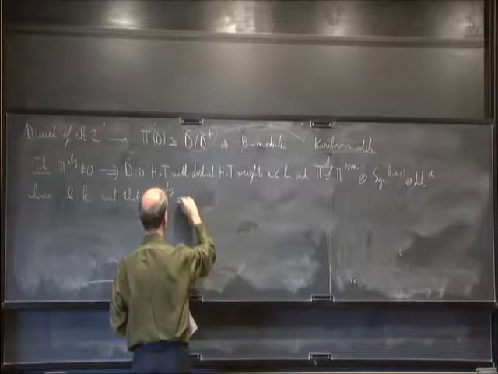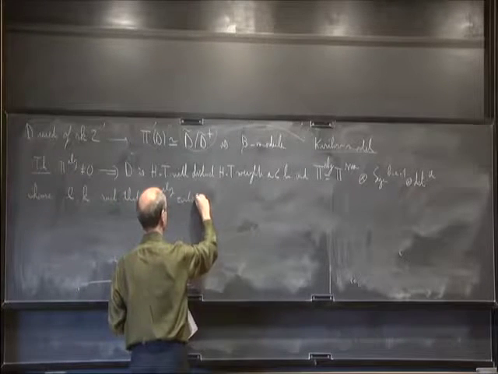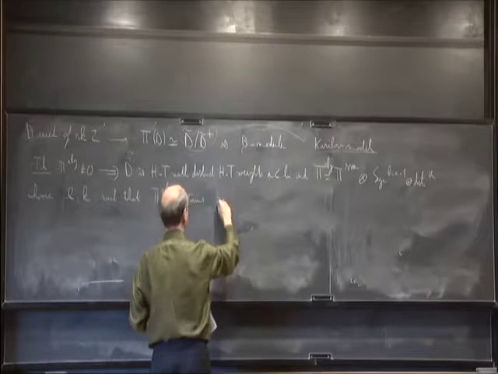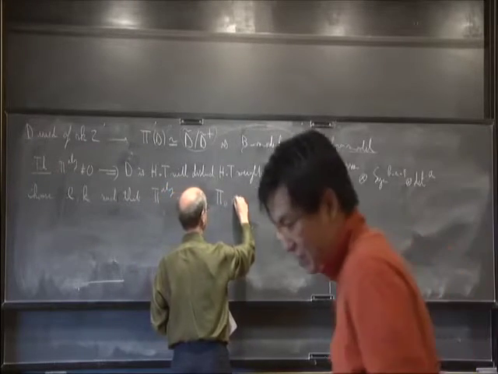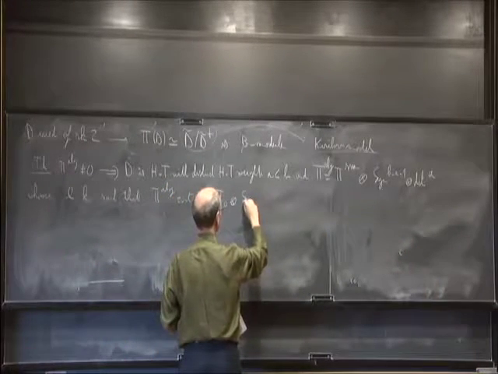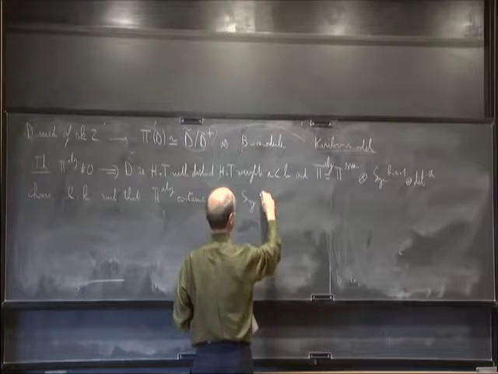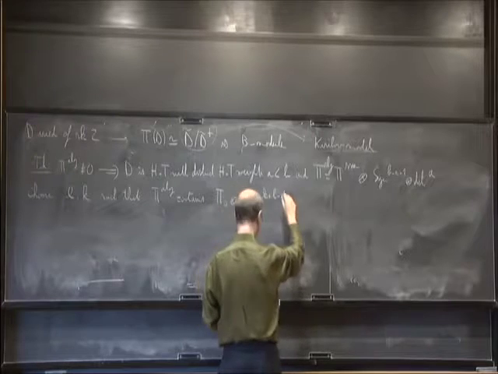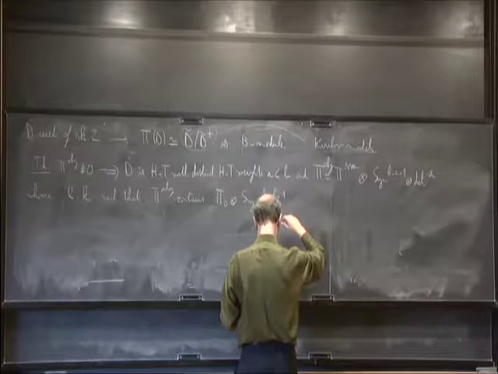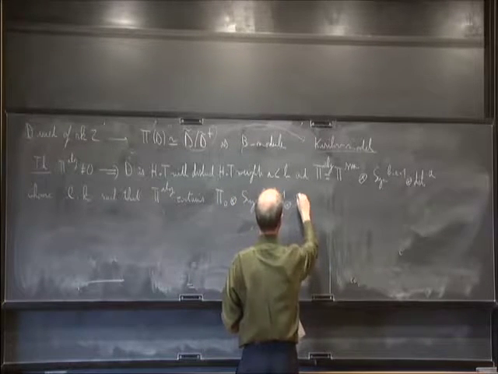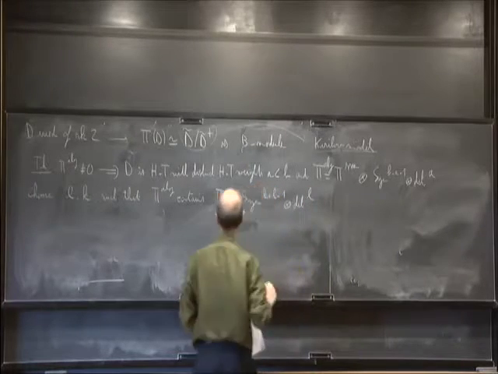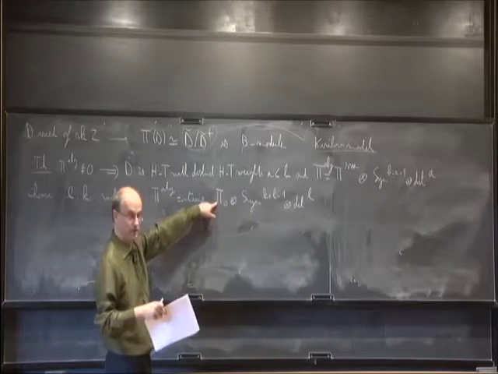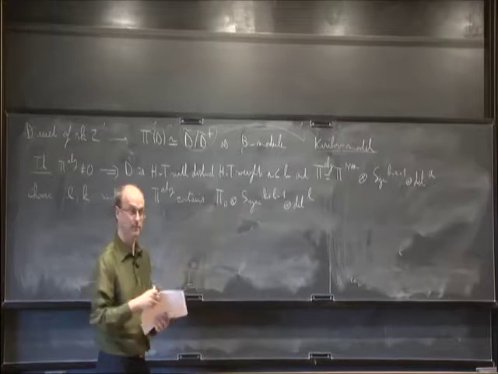So contains something which is pi naught tensor Sym^(k+L-1) tensor determinant L, and where this pi naught is a smooth representation.